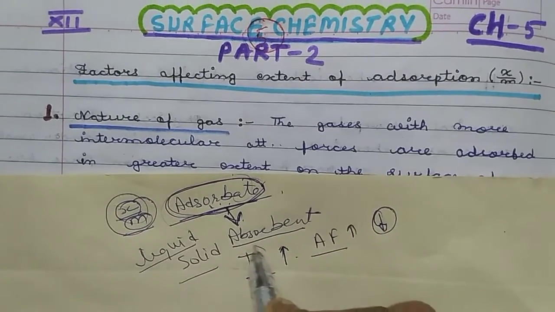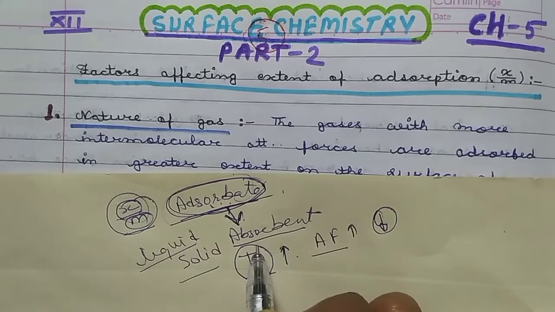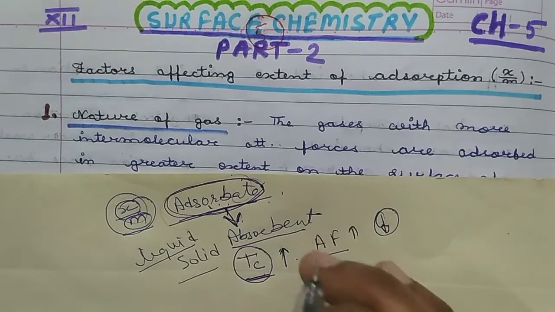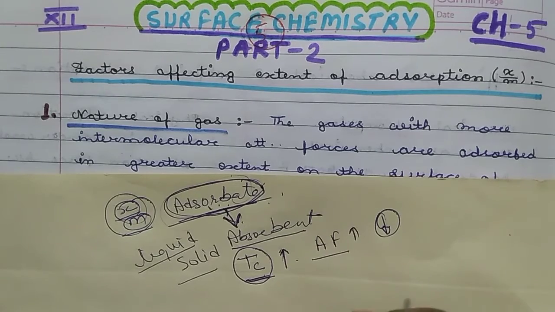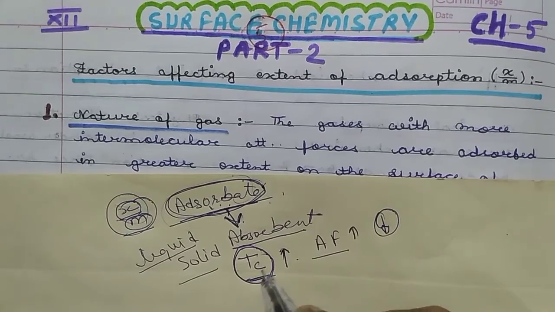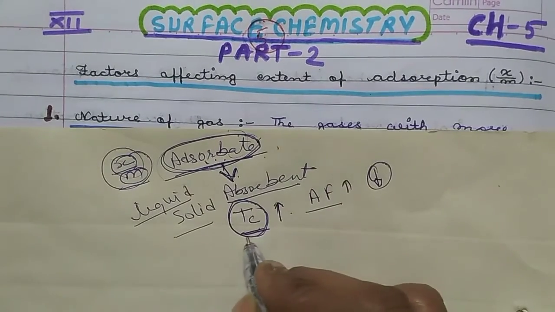So if critical temperature is high, then the adsorption tendency of the gas is also very high. What is Tc here? Tc means critical temperature.